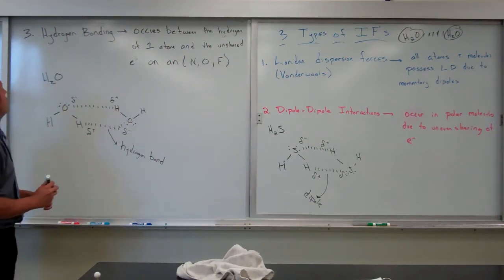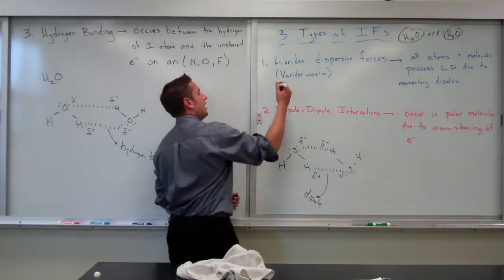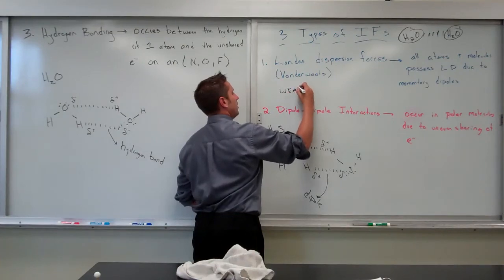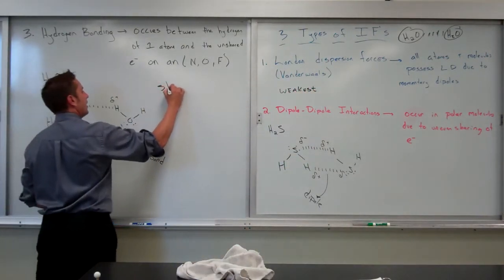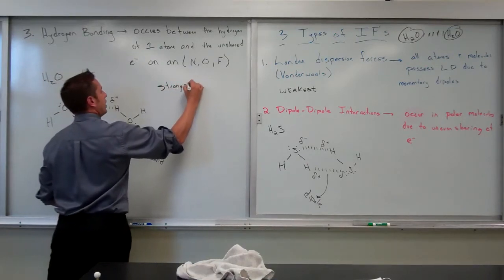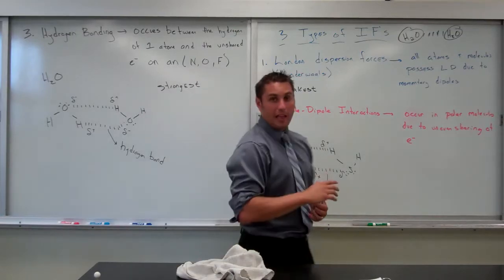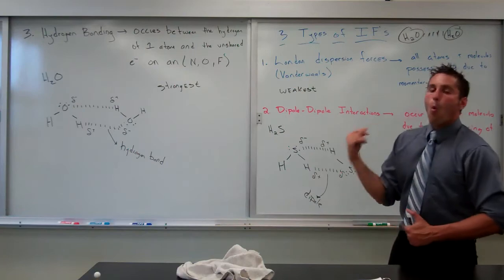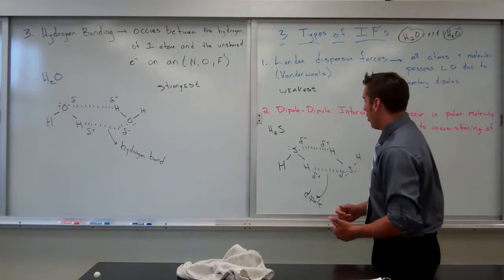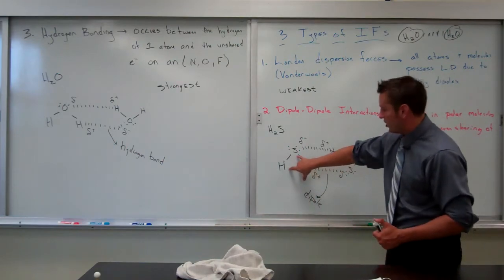Just so you get an idea about the strength of these forces, London dispersion are the weakest. Hydrogen bonding is the strongest. That being said, intermolecular forces, molecule to molecule forces, are only about 1/100th as strong as an ionic or a covalent bond, the things that hold H and S together.